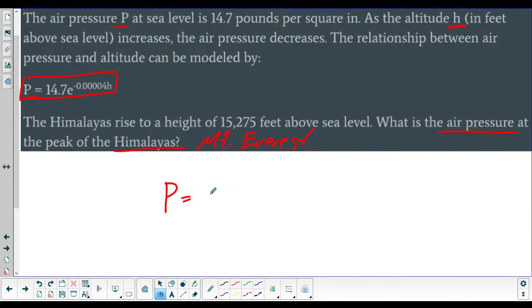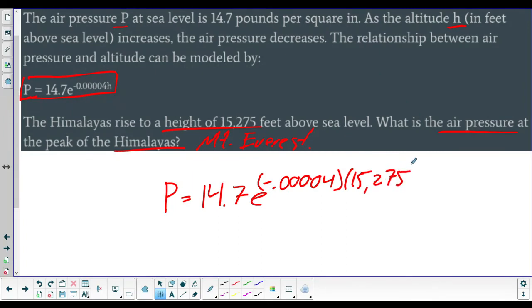P equals 14.7 e to the power of negative 0.1234 times H. And H is our height, which would be 15,275. When you type this into your calculator, I would multiply these two parts of your exponent first.